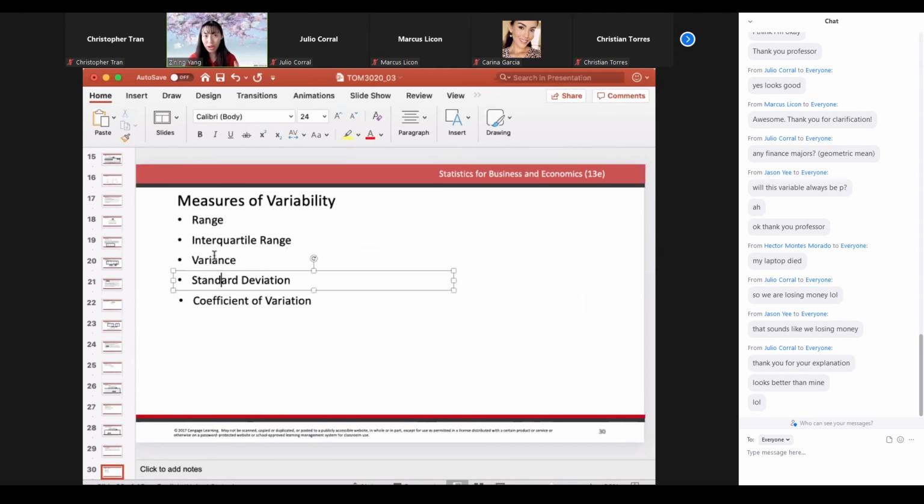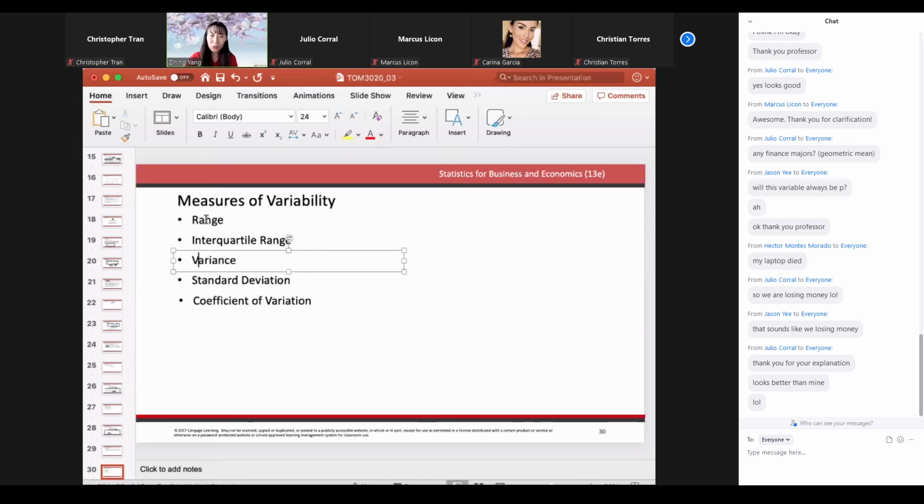Practically, if you only have time to do certain practice, make sure you fully understand variance and standard deviation. These two we're going to use throughout the semester, almost every week.